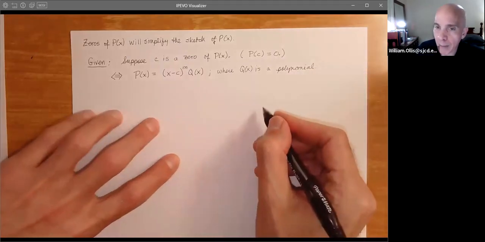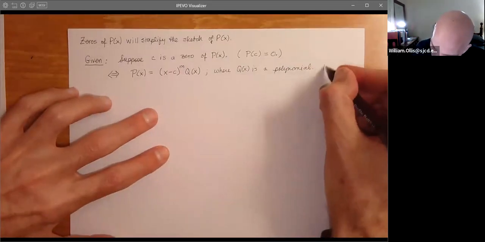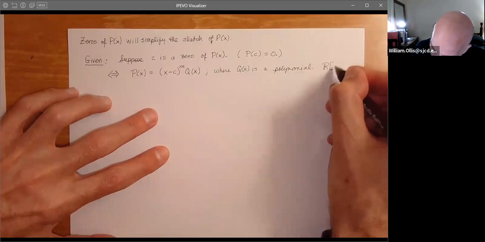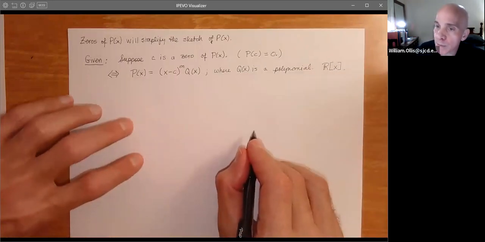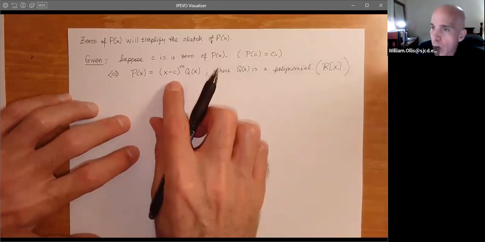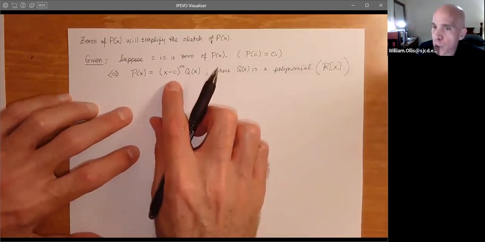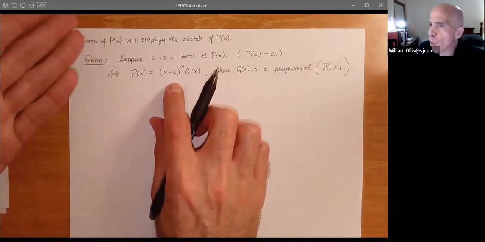We'll always assume that. Remember, we have that notation, R bracket, for the ring of polynomials with real coefficients, if you want to think about it that way. So that makes sense when we do the zero product.